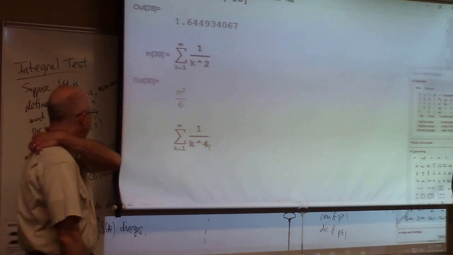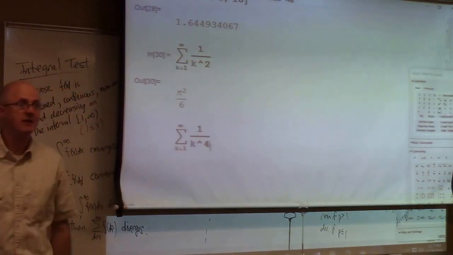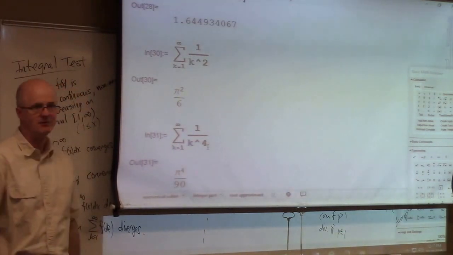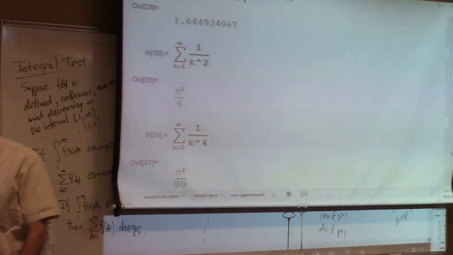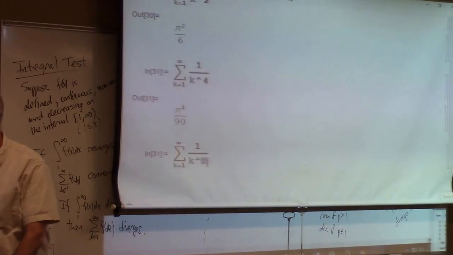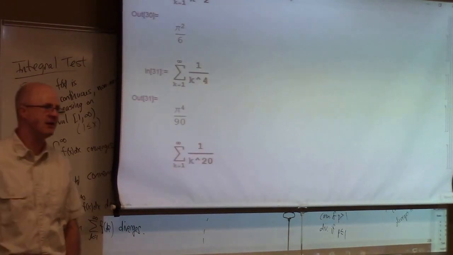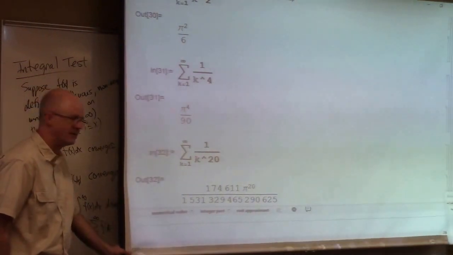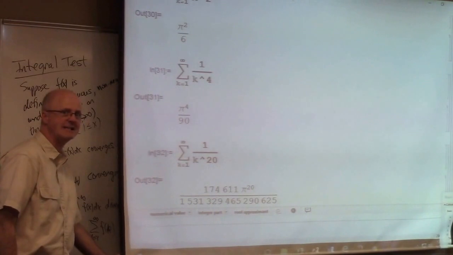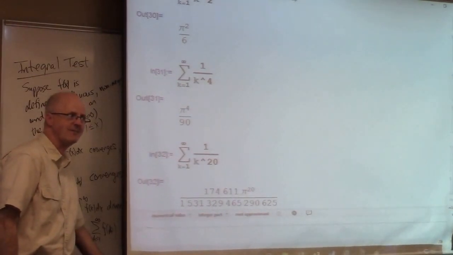So if I add up 1 over k to the 4th, I should get a rational multiple of pi to the 4th. And you do. If I add up 1 over k to the 20th, I should get a rational multiple of pi to the 20th. And I do. That's pretty amazing. You can extend Euler's methods to prove that.